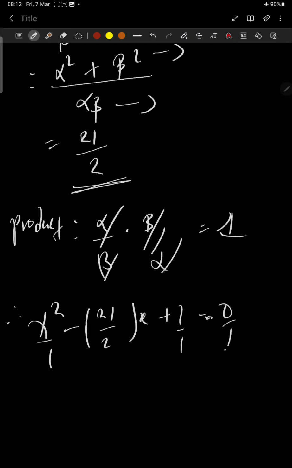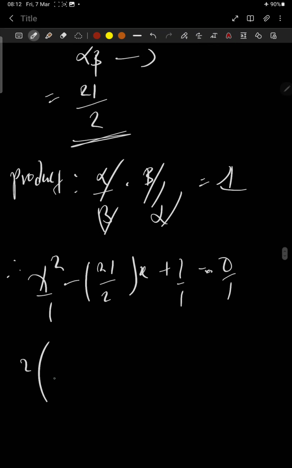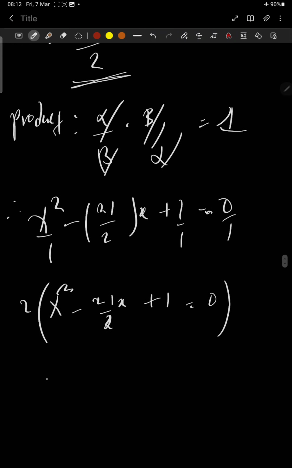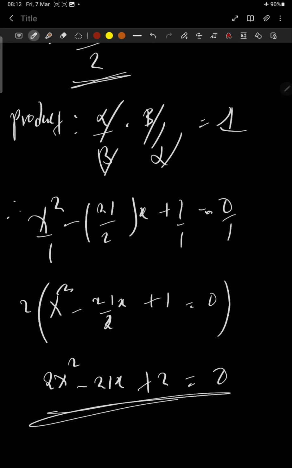The common denominator is 2. So I'll multiply everything by 2. So 2 times that is 2x squared minus 21x plus 2 equal to 0. That's the answer to this equation. That's the new equation there.